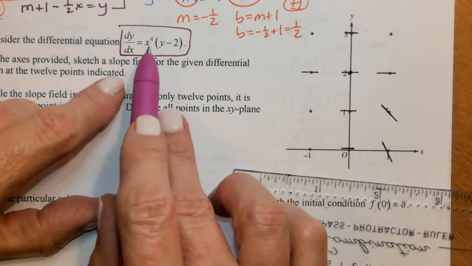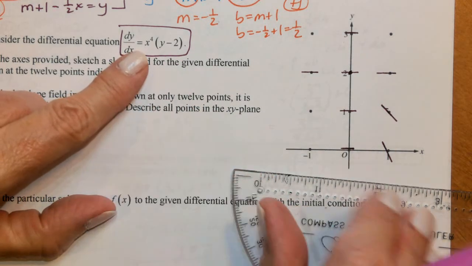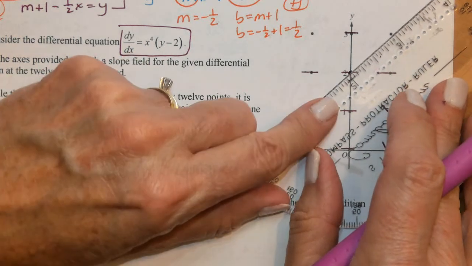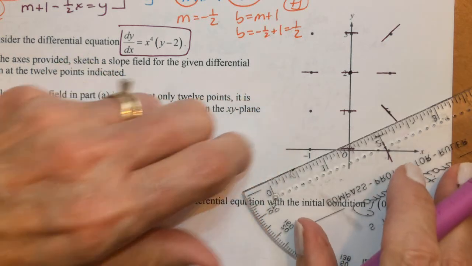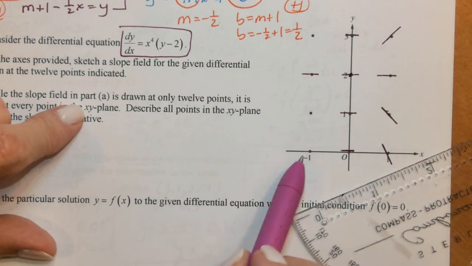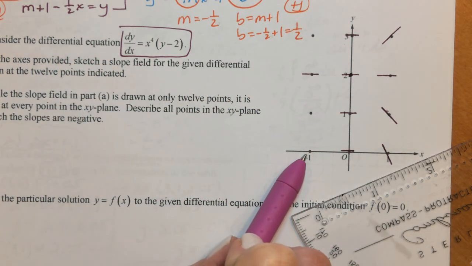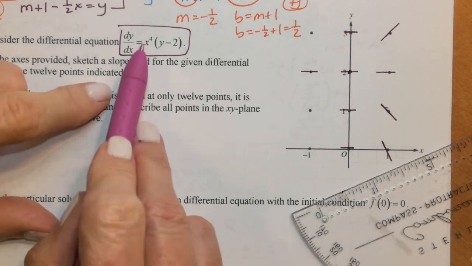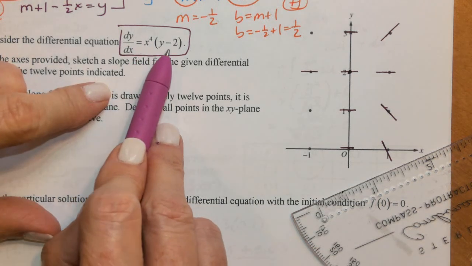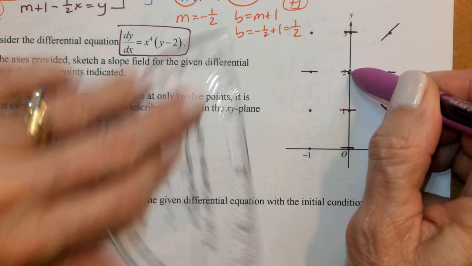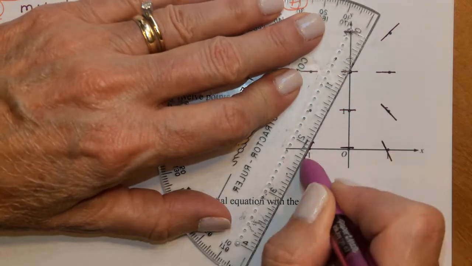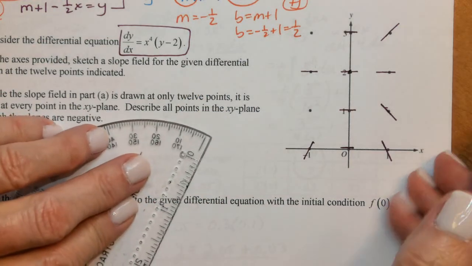(1, 3). 1 times 1 is 1. Up 1 over 1, or down 1 left 1. There's my 1 slope. Negative 1, 0 is negative 1 to the fourth, which is 1, times a negative 2. That's a positive 2, so up 2 over 1, like that.